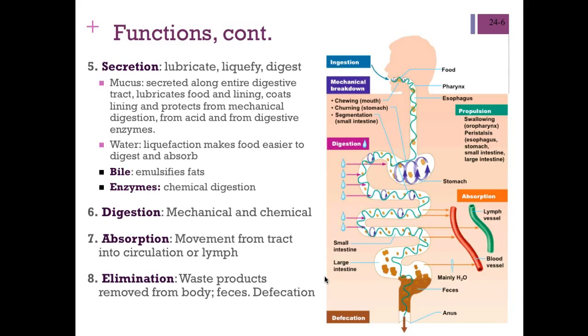What that does is it helps to lubricate the food and the lining of our digestive tract in order to have the food stick together and move as a little bit more of a unit, and it stops it from creating too much friction within the walls of our organs in our GI tract. And it will also have some digestive enzymes secreted throughout our GI tract to break down the food as well.